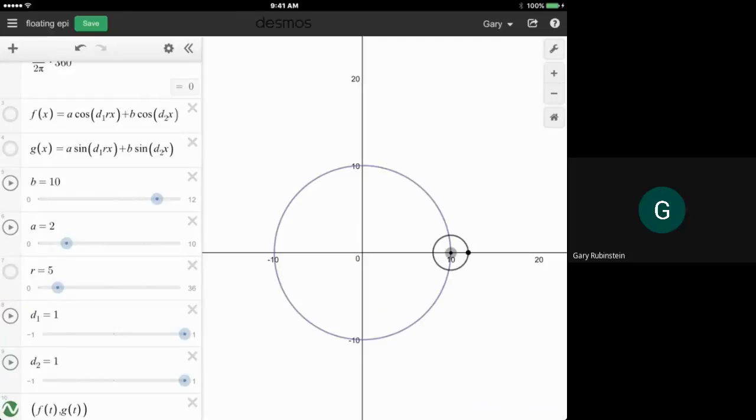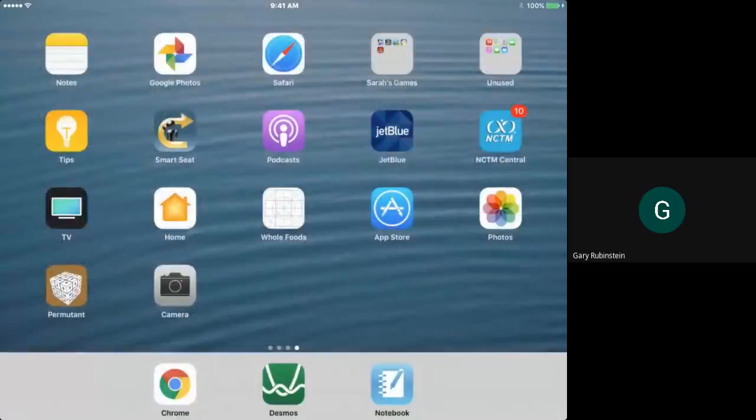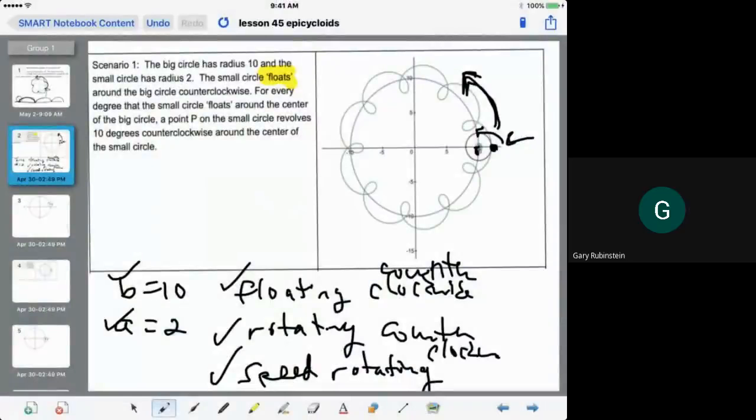One more thing, the speed. And in this question, it's given to us that the speed rotating is 10 times, it's rotating 10 times faster than it is revolving. So when this circle, for instance, makes it over here, it's revolved 40 degrees around.